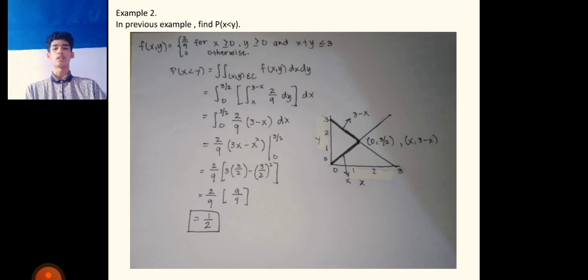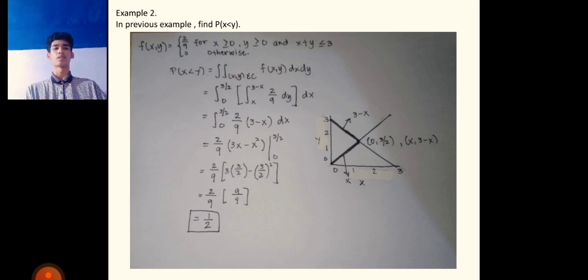The interval of the inner integral is x to 3 minus x. The integral of 2 over 9 dy with the upper bound of 3 minus x and the lower bound of x gives 2 over 9 times 3 minus x minus x.